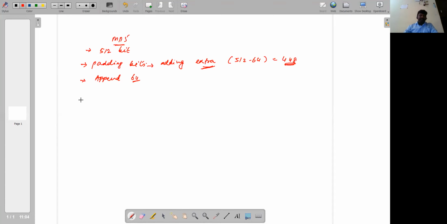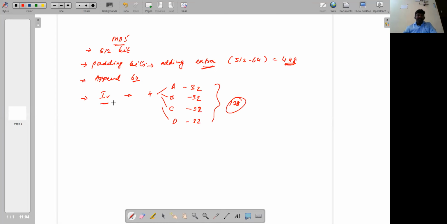Followed by that, we need to initialize the vectors, the initialization values, which can be decided and then initialized. Here we use 4 words or 4 registers, A, B, C, followed by D. Each register is capable of storing 32 bits, so 128 bits in total.